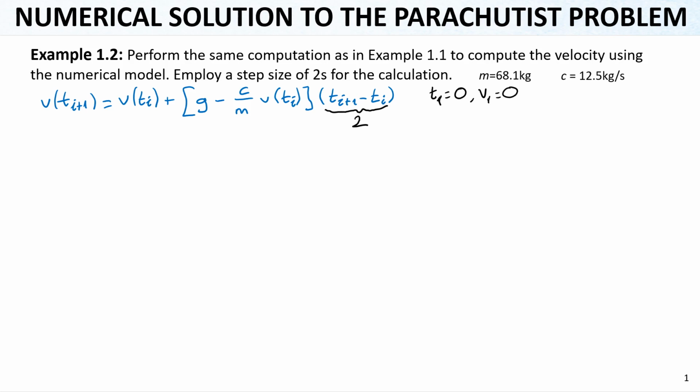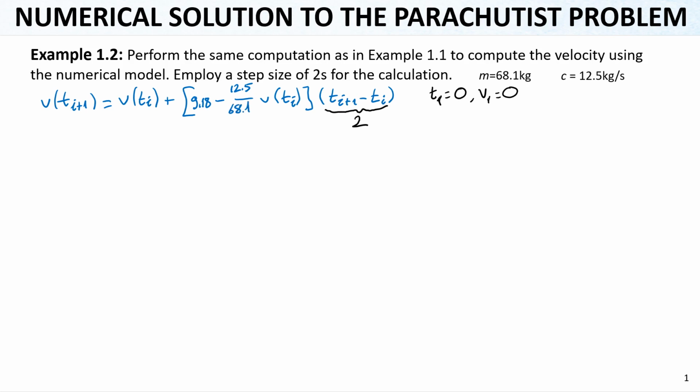And if we type down the known values, g is 9.18. Let me write it down here instead of g, 9.18. And for c and m, let's write down 12.5 and 68.1.